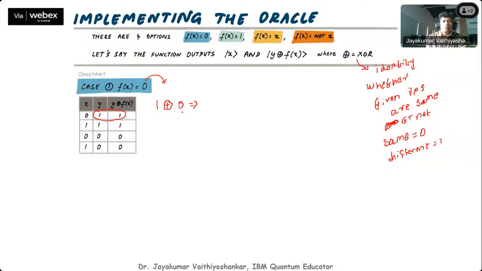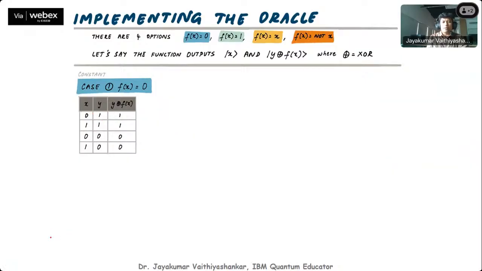So 1 XOR with 0, what will you get? 1. Okay, next combination. Y is 1. What is f of x? F of x is 0. So f of x is always 0, so the output is 1. So this is the logic. All of you able to get the first case?